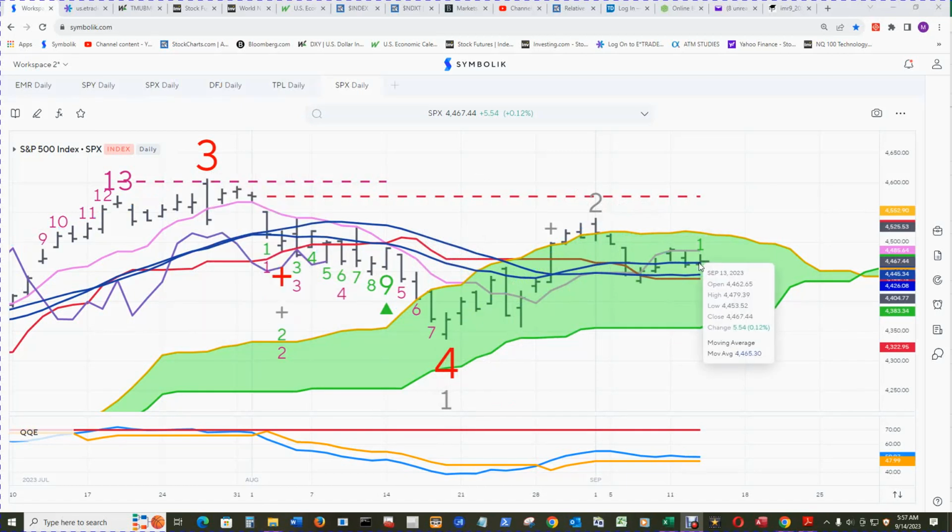Below this 20 EMA in solid blue and the Ichimoku base line here, there's a lot of levels.